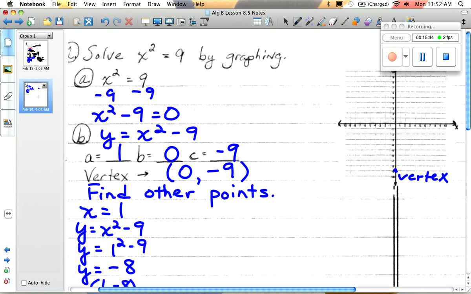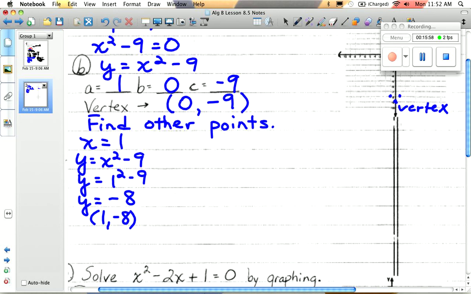Okay, we'll put that one on. 1, negative 8. Are we reflecting that one? Yes. That one we are reflecting. Okay. So now what should we do? When x equals what? What do you want to do next? 2. Okay. And do when x equals 2 next.